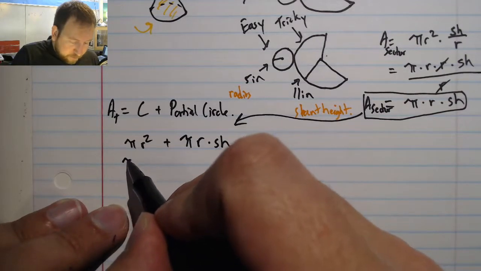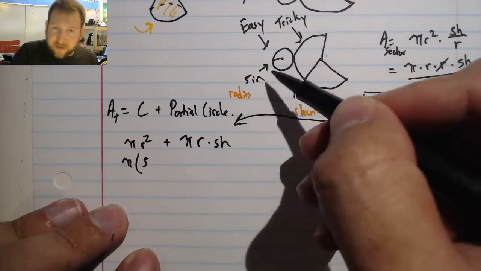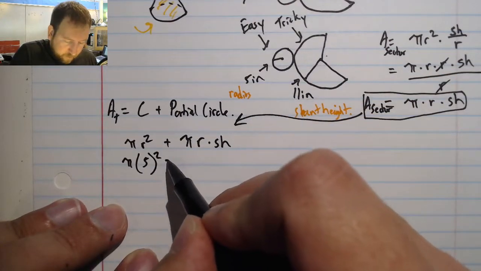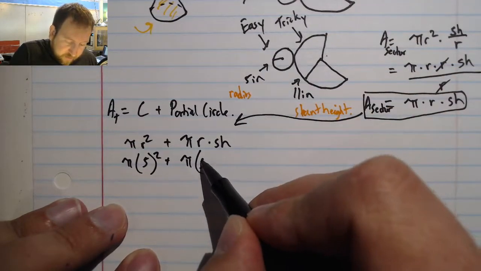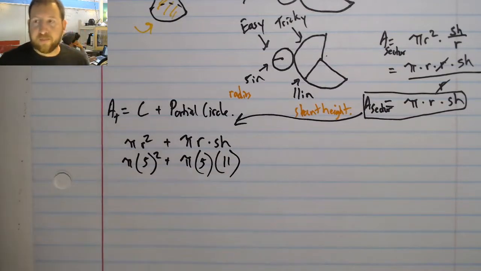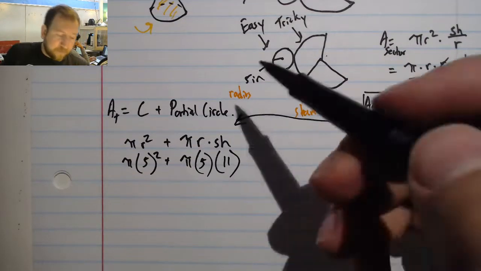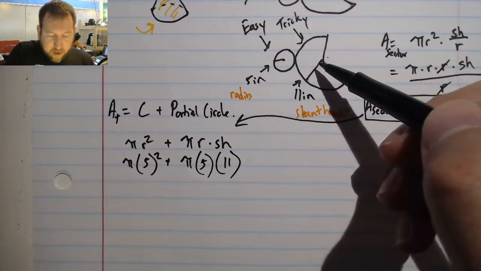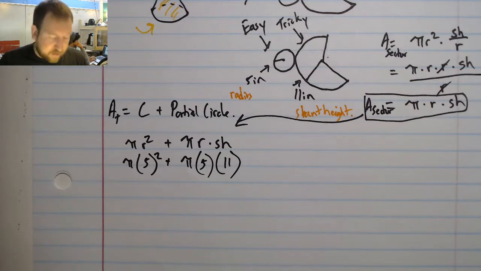So this is going to be pi times radius. Remember, my radius is, in this case, 5, plus pi times, remember my radius is still 5 in this case, but my slant height is the 11. And that's important to remember because this is the radius of the cone, not necessarily this shape over here, because the radius of this shape is 11, but in this case we're using it as a slant height.